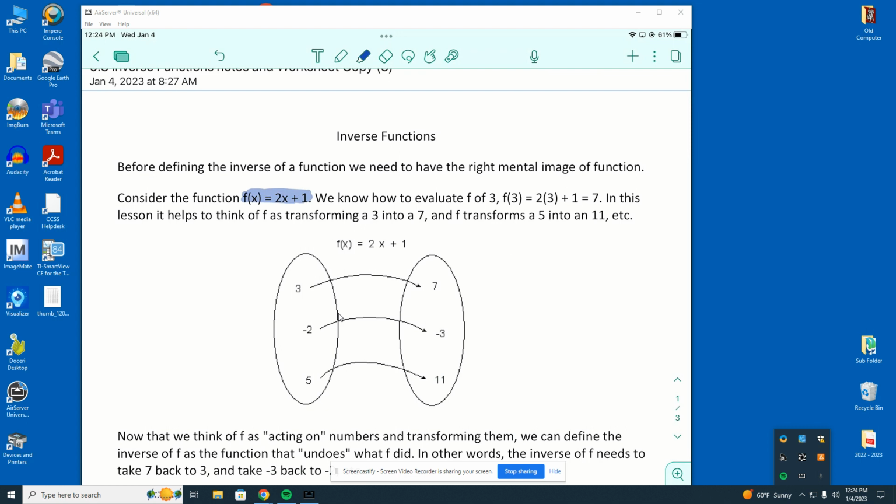So for this problem, if I plug 3 into the function 2x plus 1, what's 2 times 3? And then 6 plus 1 gives me a 7, right? So for every input, there's one output. Same thing for negative 2. If I plug it in, the output's negative 3. Same for 5. 2 times 5 is 10. 10 plus 1, 11. So for every input, there is an output.